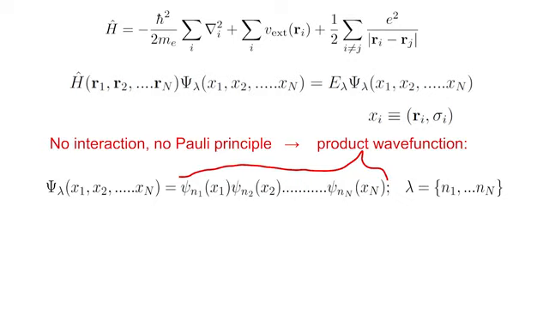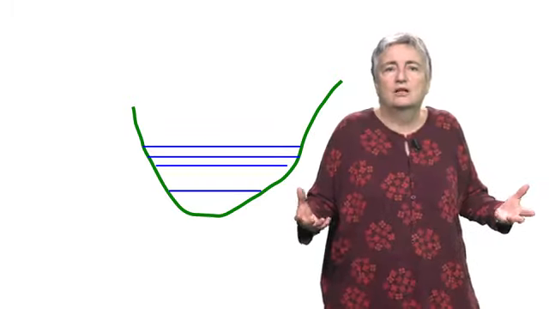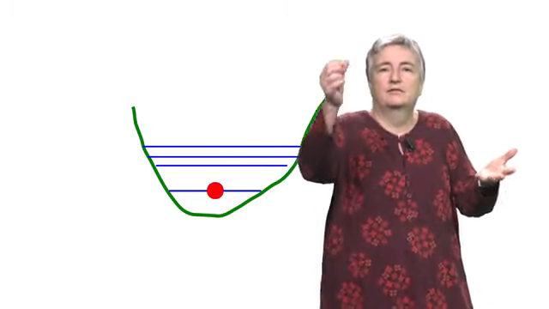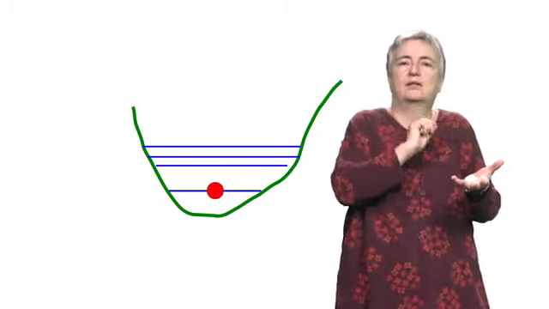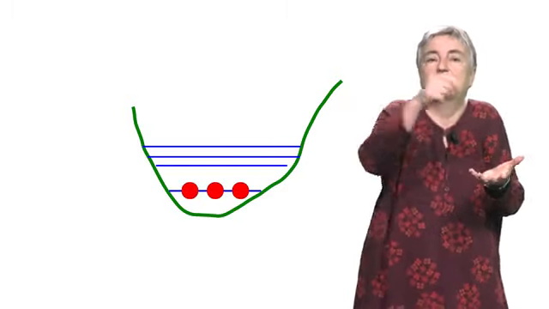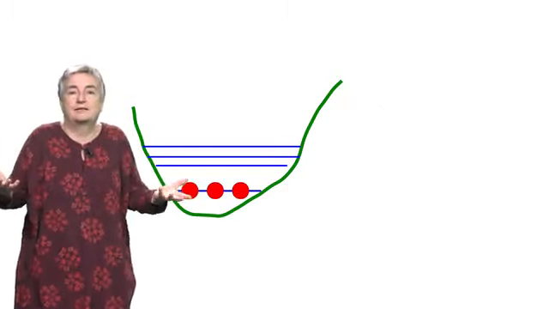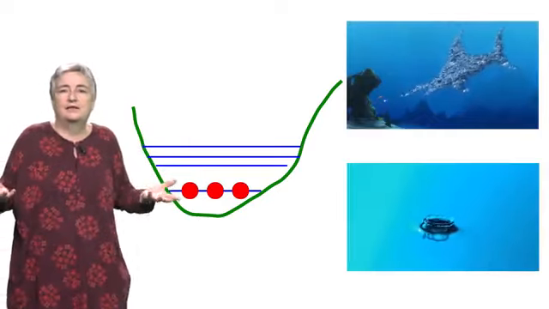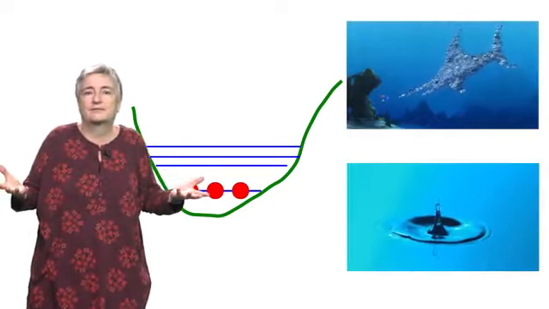But wait, it means that all electrons move independently in the external potential. So if I have an external potential and the one electron states, the first electron goes into the lowest state, but so does the second and the third, and we will never get something like a big fish or water waves or any other of the interesting collective effects.